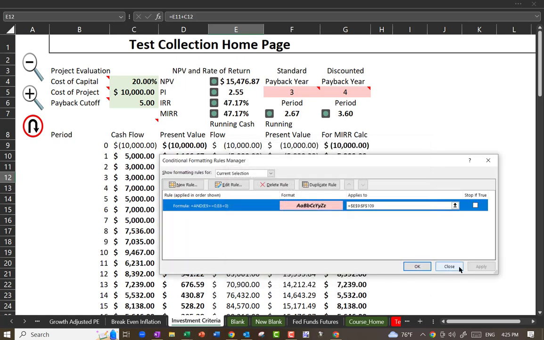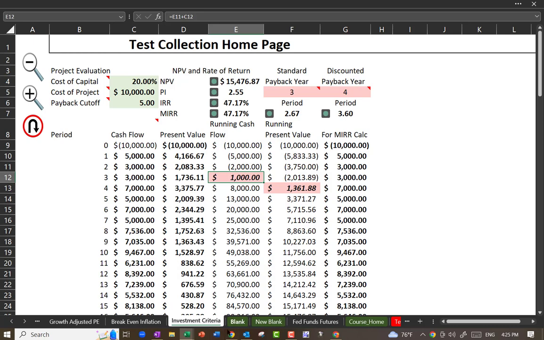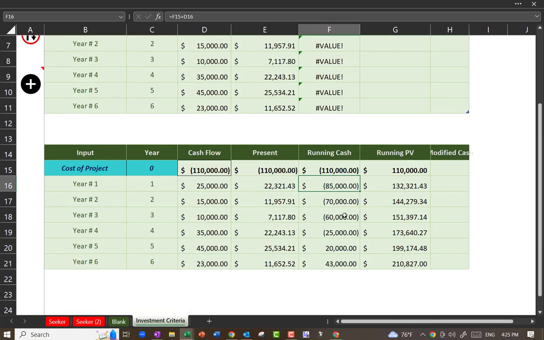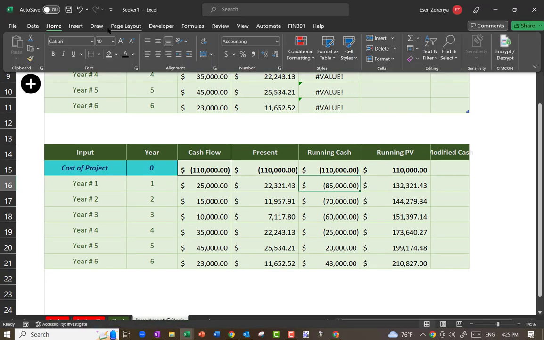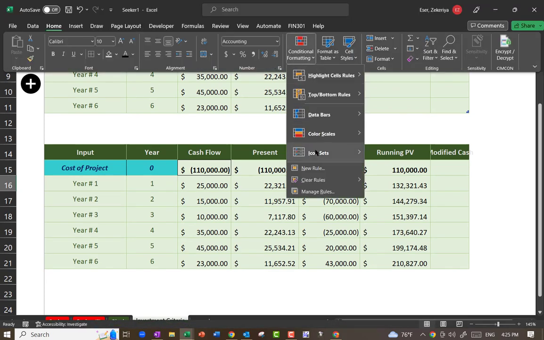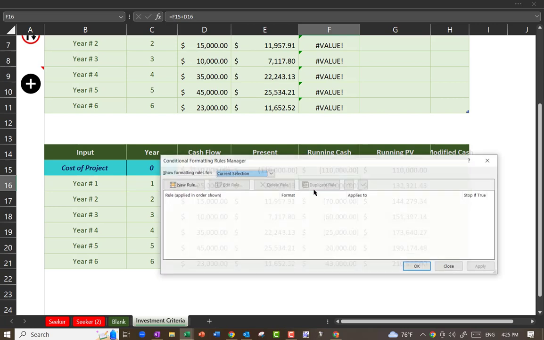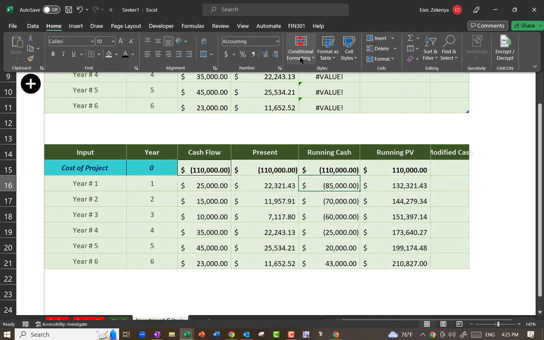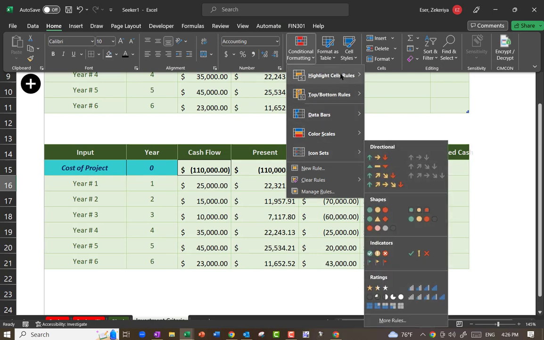Home, conditional formatting. Not manage rules, sorry. Highlight rules. Use a formula to determine which cells to format. And here's the formula.